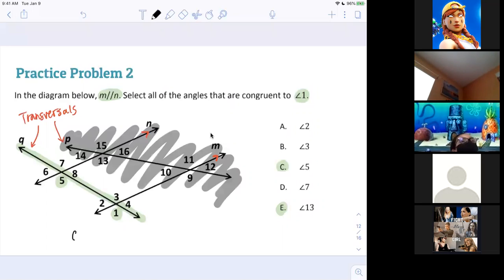Yes, they are corresponding. Remember, corresponding is when they're in the same kind of location. In that cluster 5, 6, 7, 8, compared to the cluster of 1, 2, 3, and 4, 5 and 1 are in the same place. So they're corresponding. Therefore, C is correct.